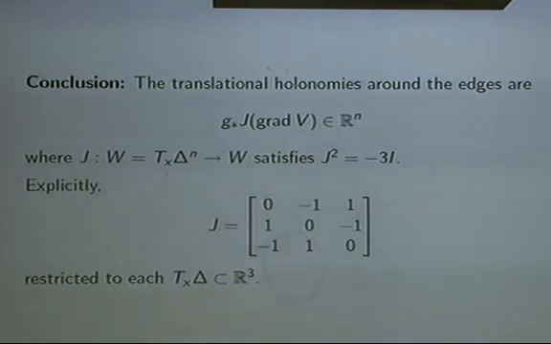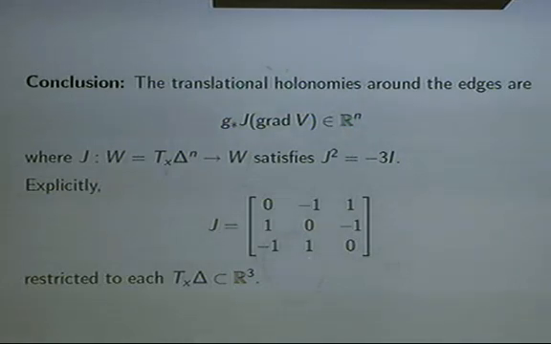And the thing we were getting in the previous equation looks like g star times a linear function J times the gradient vector, where J is some kind of linear transformation from W to W. The square of it is almost minus the identity. The way I've normalised things here, you get minus 3 times the identity.